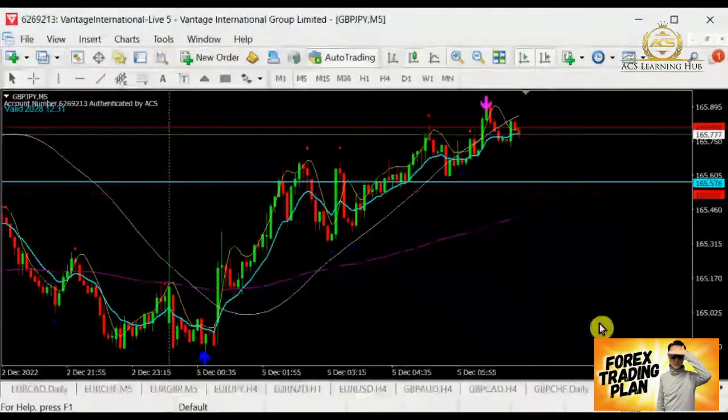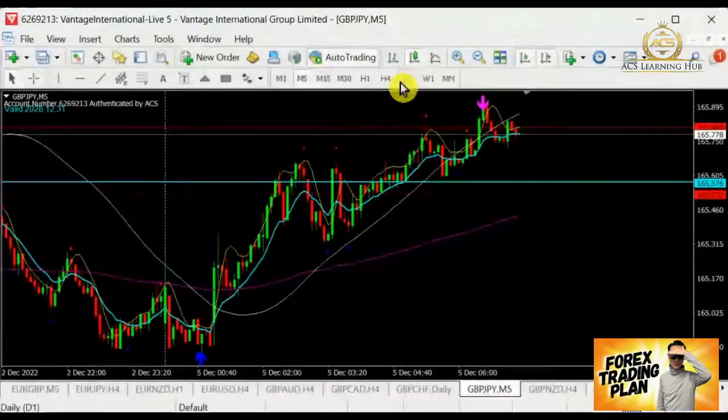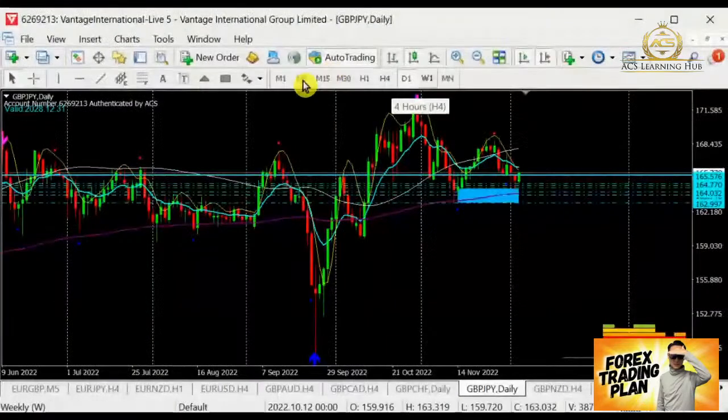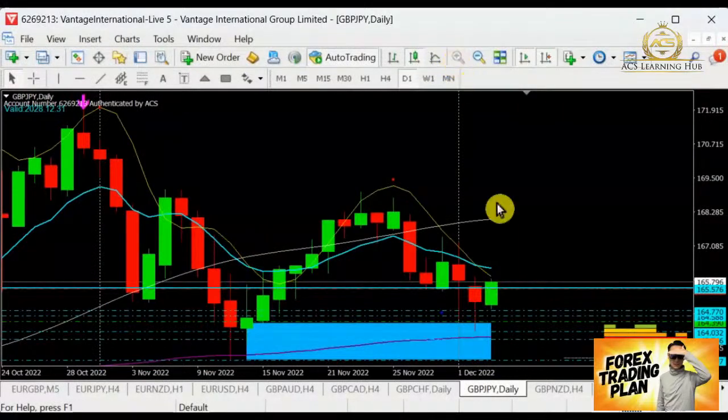All right, Pound yen. For Pound yen over at this point here, if you are looking at the whole general trend here, it has retraced upwards as a bull, and the bull has met up with the selling pressure coming in at this area. But in my opinion, I'm waiting for this area to get cleared.